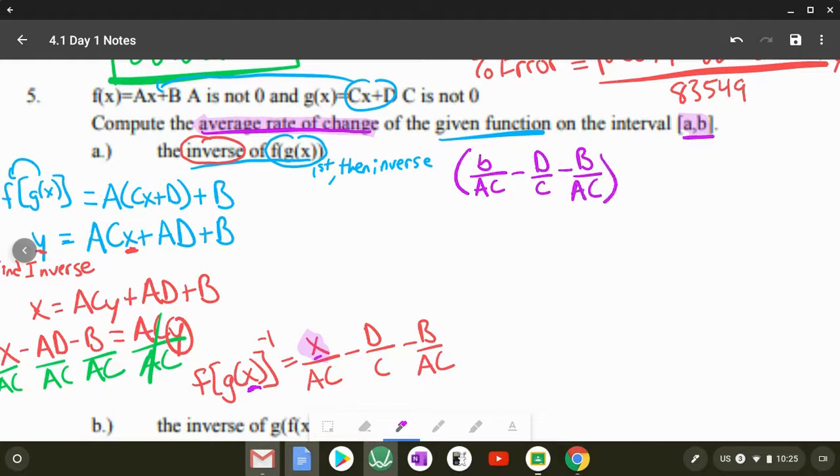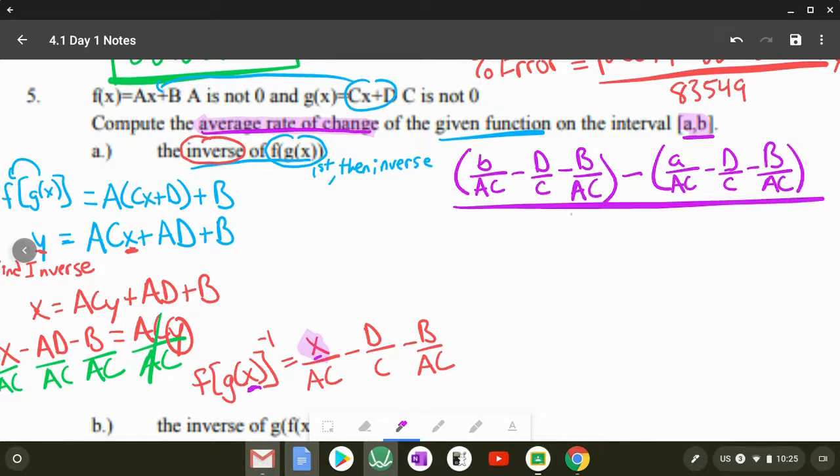Be aware that the lowercase and uppercase a's and b's are not the same. Minus what happens when we plug in a to that same exact function: a over ac minus d over c minus capital B over ac, and then all over b minus a.